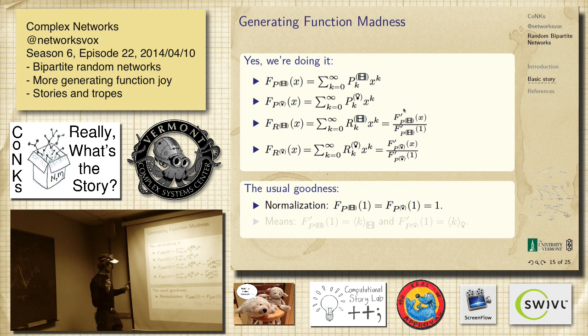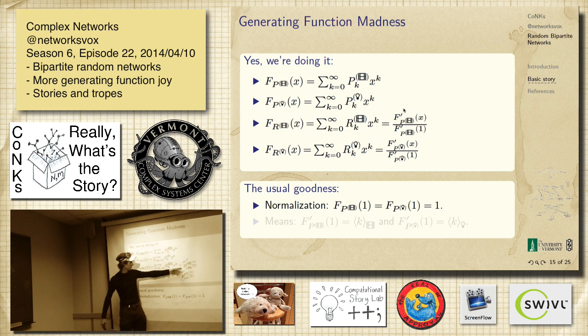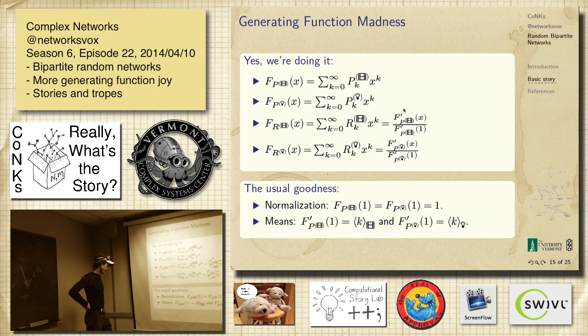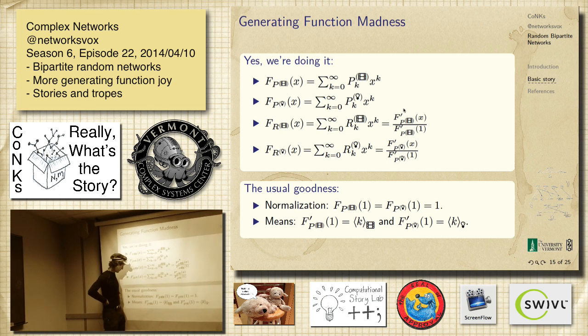That's part of what I just said. It also implies, of course, that Fr of 1 is 1. So normalization just means probabilities sum to 1. And it means this: the averages are given by the first derivative value at 1.